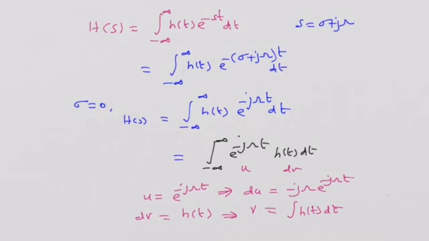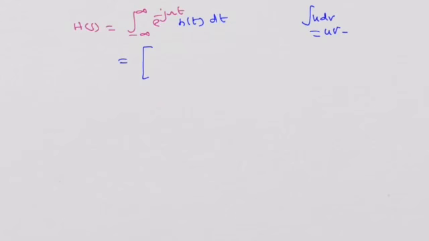So using these assumptions, h of s is equal to integral minus infinity to plus infinity e power minus j omega t into h of t dt, which can be expressed as integral u dv, written as uv minus integral v du, isn't it? So uv, what is u? e power minus j omega t.